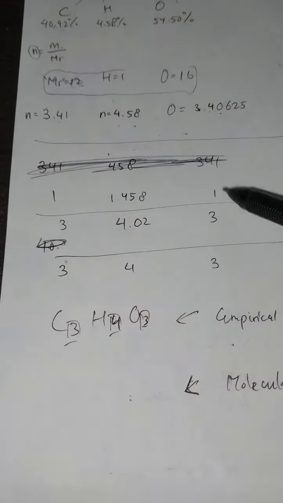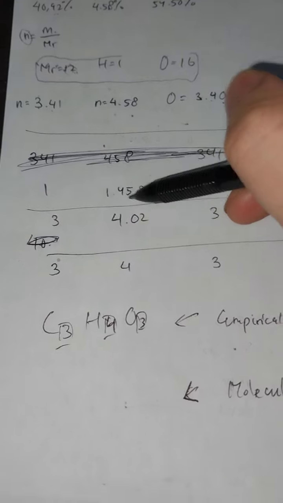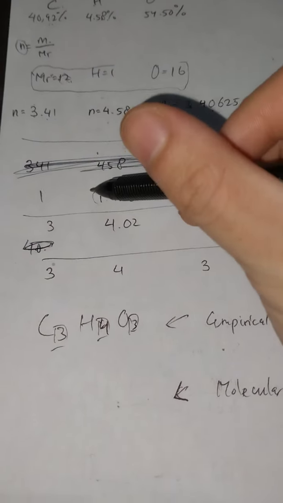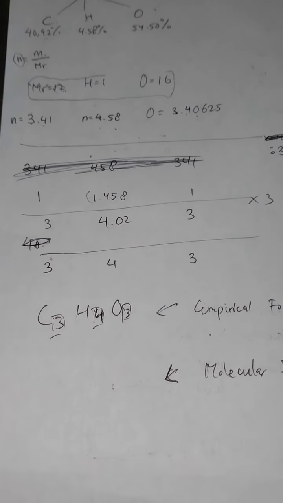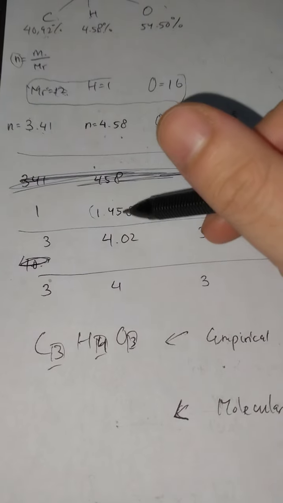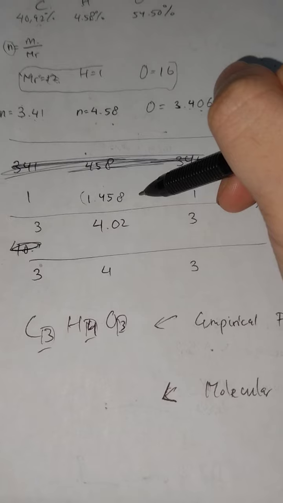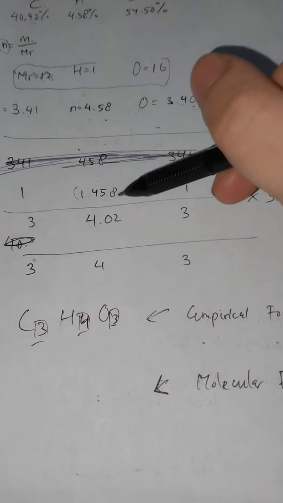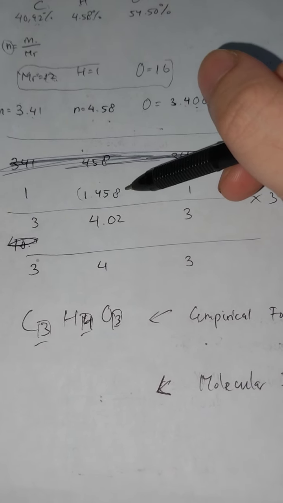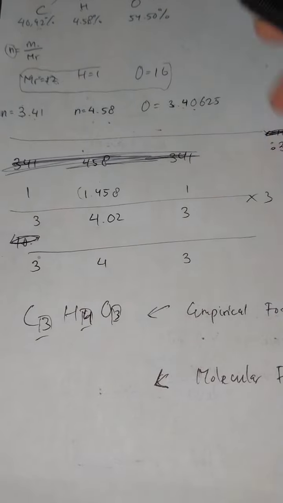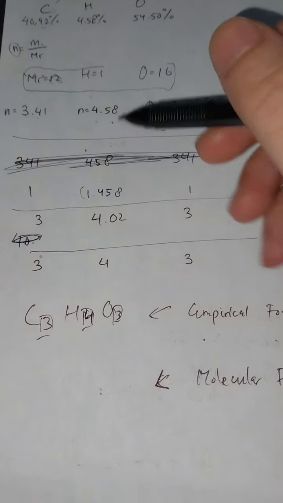So this is 1, I will ignore that. I will try to change this decimal into a whole number by multiplying it by a number. So I tried multiplying it by 2. It is around 2.8 something. Not really good. So wait, what?